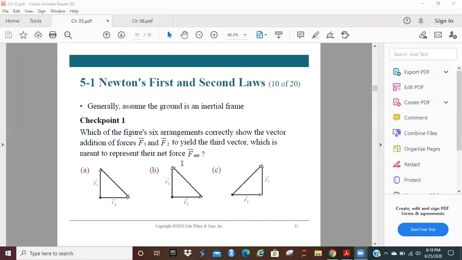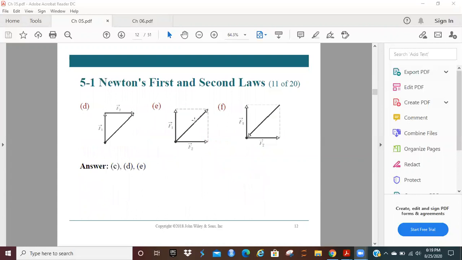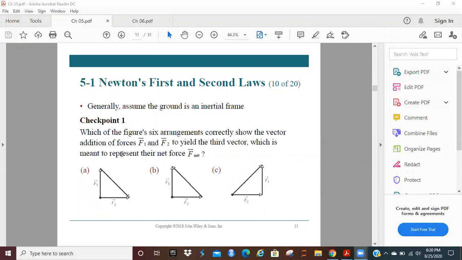So we're going to have 6 arrangements of vectors here. Which of these figure's 6 arrangements correctly show the vector addition of forces 1 and 2 to yield the third vector?